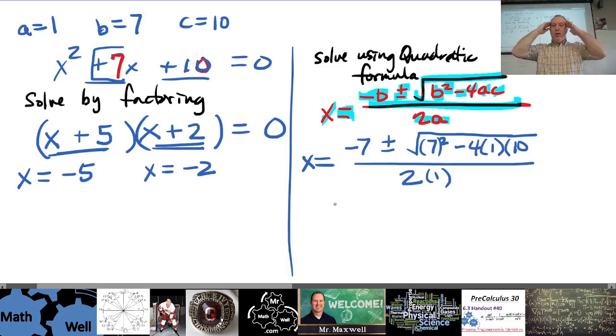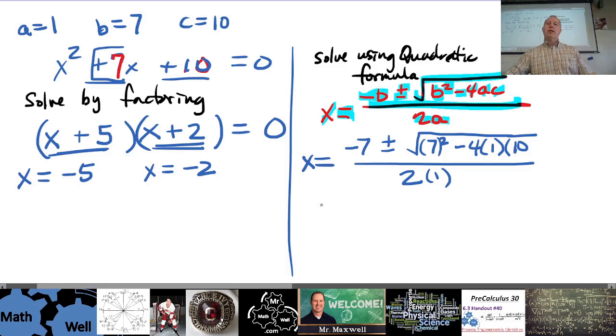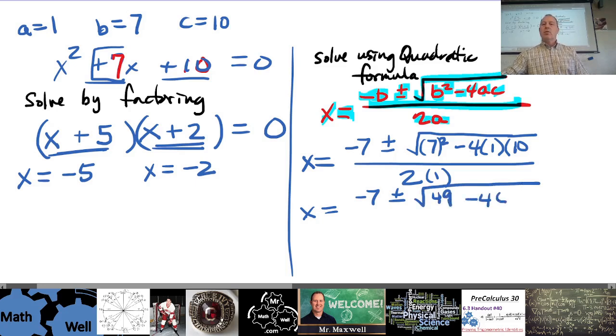Now it might look like, whoa, wait a minute, that looks really confusing. But if you simply simplify things using order of operations, you will find that this is not going to be too bad. So watch what I'm going to do here. Inside this root sign, I am going to evaluate all of this. This is going to be 49 minus 40, all over 2.